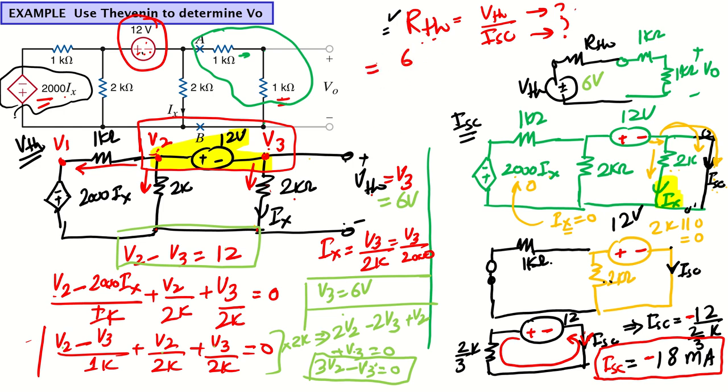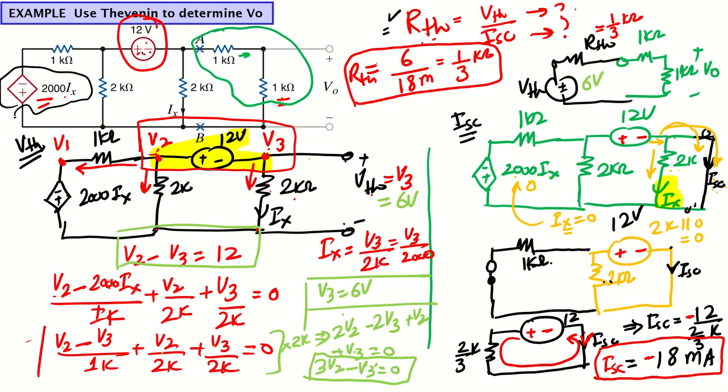V Thevenin comes out to be 6, and I short circuit comes out to be minus 18 milli. We choose the magnitude, so 6 over 18 milli becomes 1 over 3 kilo ohm. We use the magnitude of the current because resistance cannot be negative; the negative just depicts the direction of the current. So R Thevenin equals 1 over 3 kilo ohm.